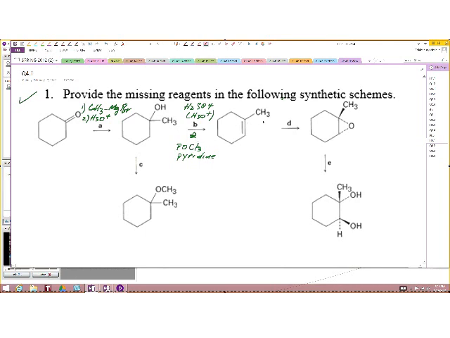Okay, about going from a carbon-carbon double bond, an alkene, to an epoxide. What reagent do we need for this? MCPBA. Okay, very good. Of course, we all know MCPBA, that is this reagent here.